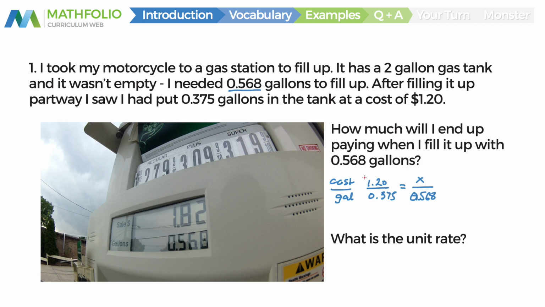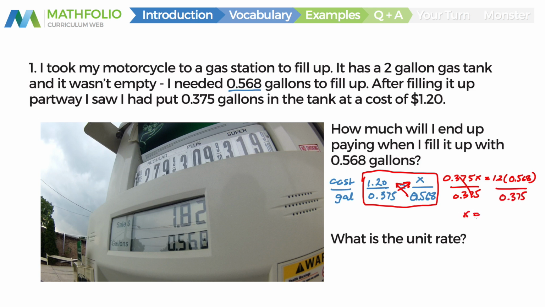We have 1.20 over 0.375 equals x over 0.568. Again, if we cross multiply right now, we've got x times, really should put the coefficient first, so 0.375x equals 1.20 times 0.568. To get the x on its own, divide by 0.375.